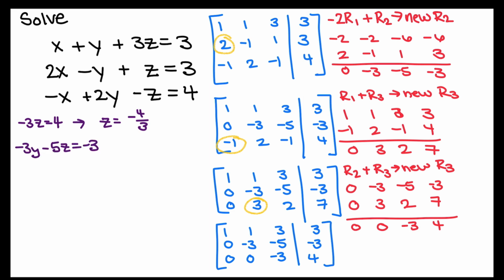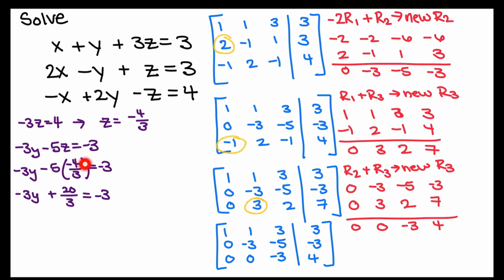Work my way up. The second row represents the equation negative 3y minus 5z equals negative 3. I'm going to plug my negative 4/3 in for z. So now I've got negative 3y minus 5 times negative 4/3 equals negative 3. 5 over 1 times 4 over 3, and it's going to be positive because they're both negative.